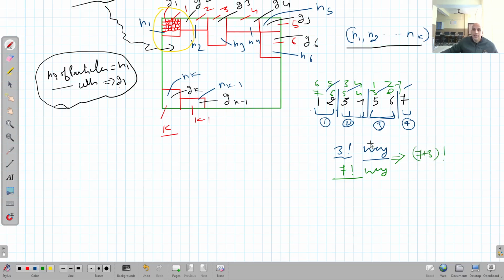Now what is 3? 3 is basically the 4 cells minus 1, that is, number of cells minus 1. So this is 7 plus 4 minus 1 whole term factorial. So this is the total number of ways, clear? Of arranging these 7 particles in these 4 different partitions.